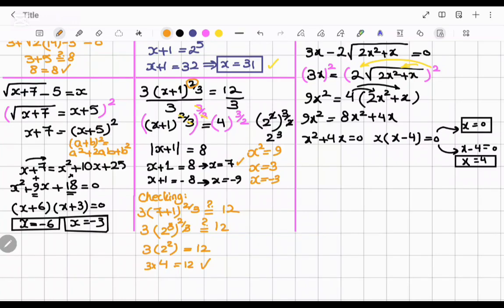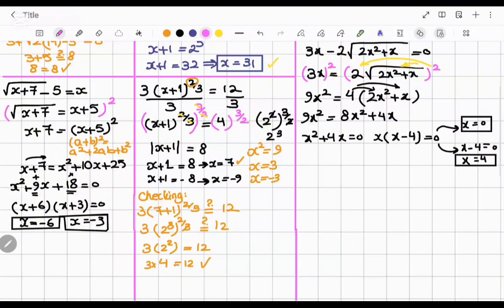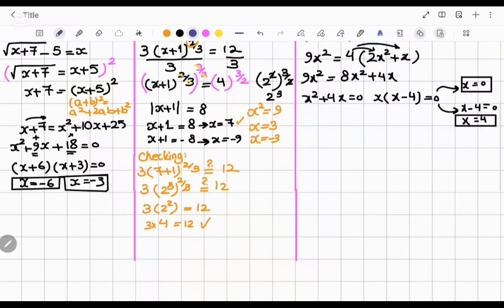And let me show you how the other one is also going to work. So the other one is negative 9. So I'm going to check that too. So it's 3 times negative 9 plus 1 to the power of 2 over 3. We want to know if it's 12 or not.